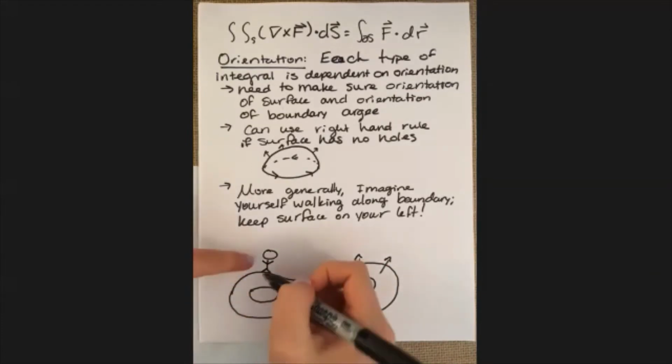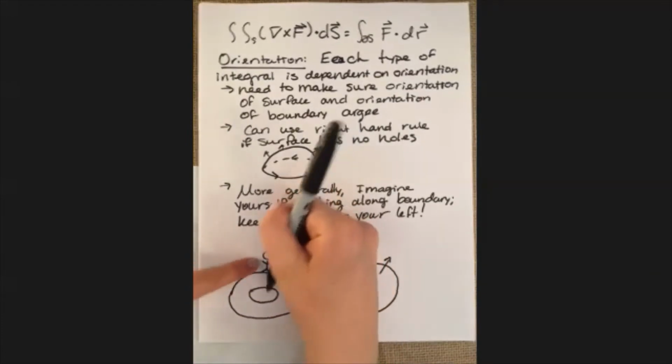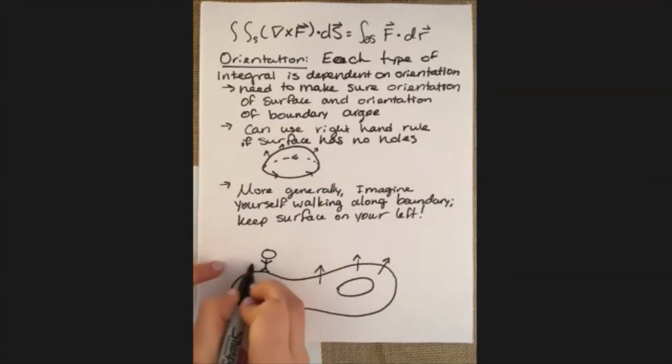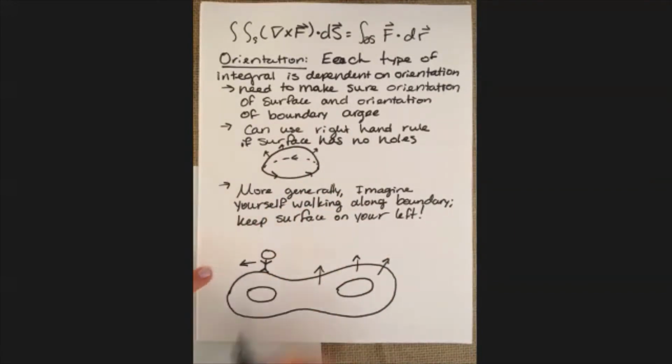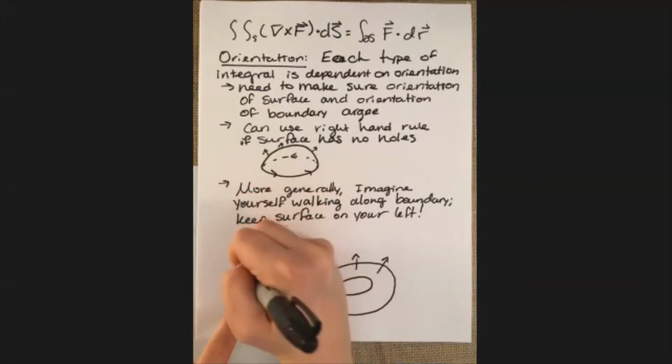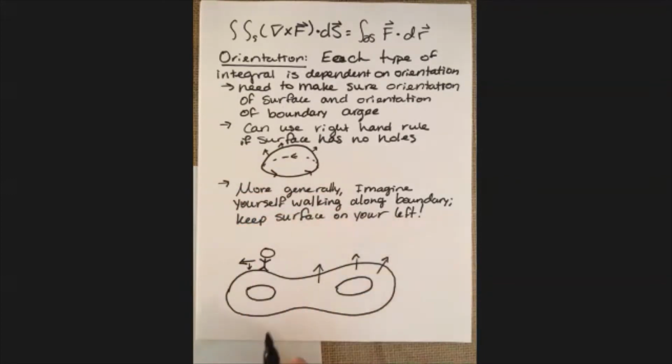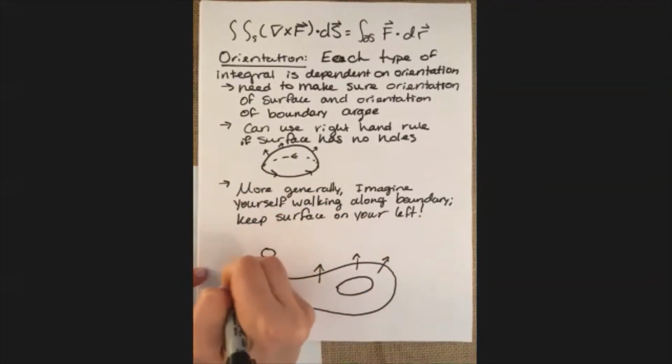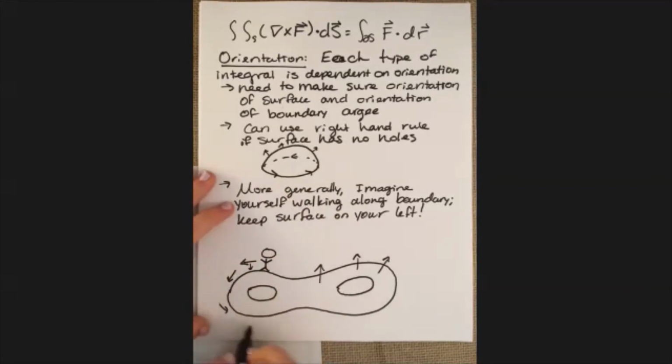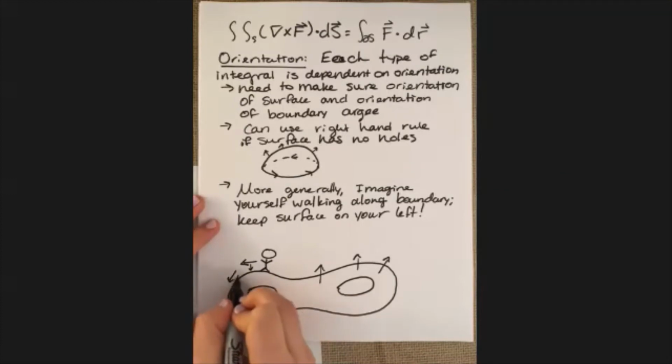You want to walk in the direction that is going to keep the surface on your left. So if I am facing this direction, then my left is going to be over here. So that does indeed keep the surface on my left going this way. So that is the direction that I want my boundary to go. That's the orientation that we're looking for there.